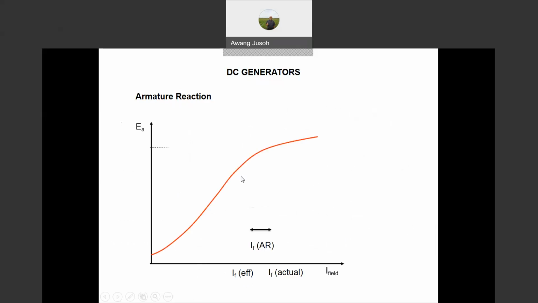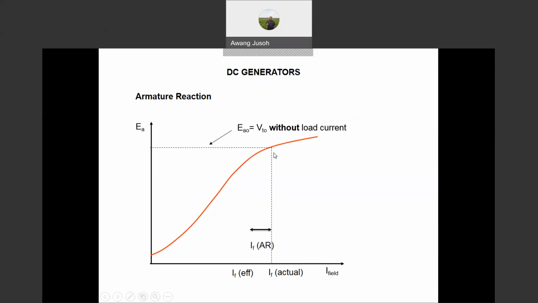Okay, now we go into more detail here. So if we plot the graph EA versus IF without armature reaction, we get the red color one. This is the original flux production. The EA versus IF plot, or you call it the magnetizing curve, original one, without any current in the loop.